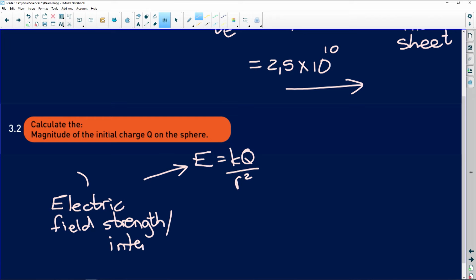So one and the same thing. So because I'm working with electric field strength and electric field intensity, I'm going to be looking at this equation. So write down the equation because you get 1 mark for writing down the equation.